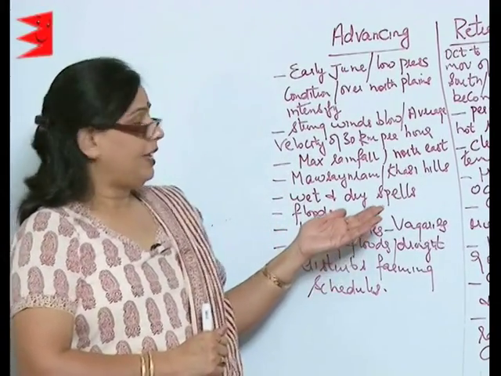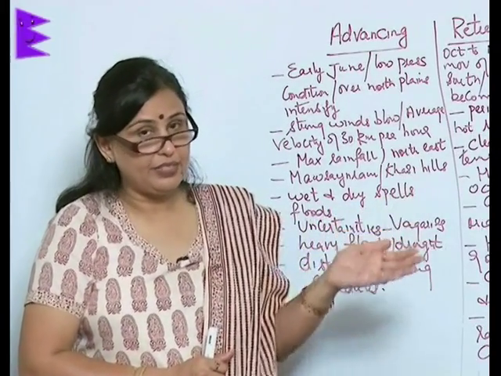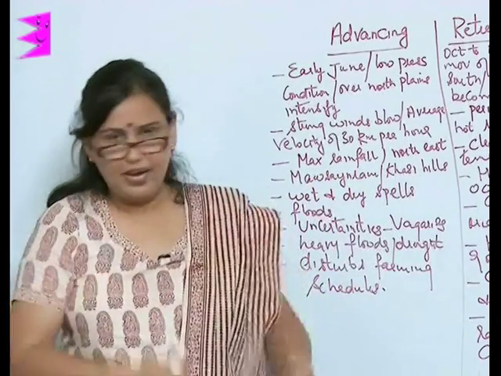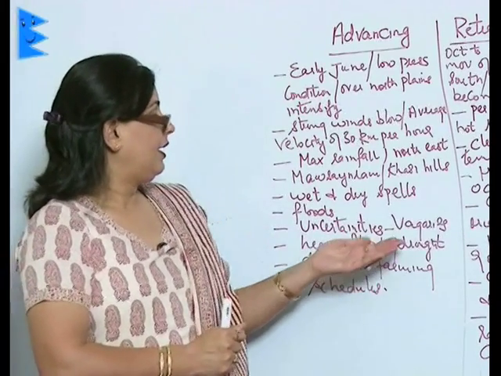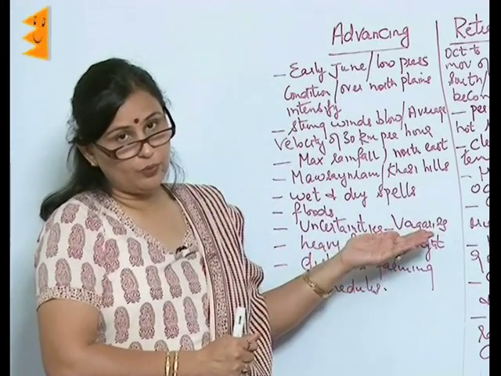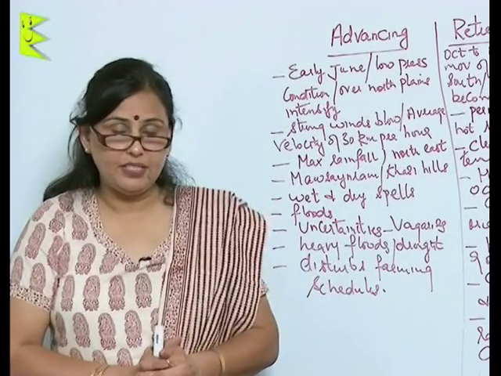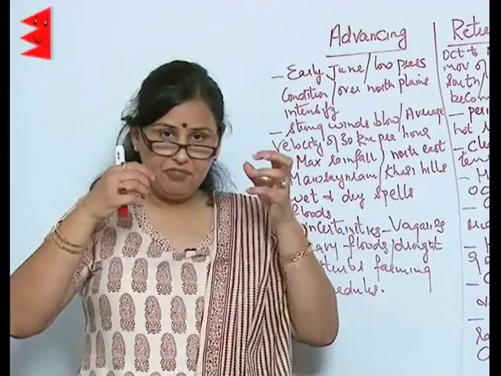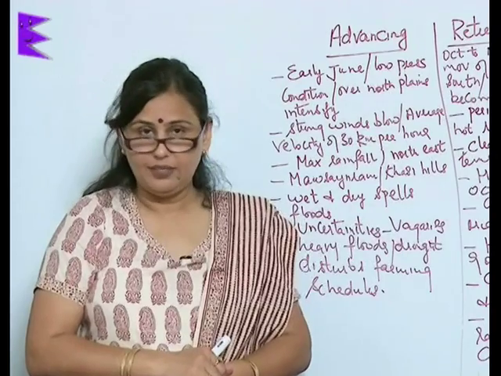Well, when it is the wet spell, then what happens is floods in India, because it keeps on raining and raining, bringing floods. And the vagaries of monsoon, that is the uncertainties of the monsoon, are experienced in India every year. There are heavy floods and droughts on the other side.